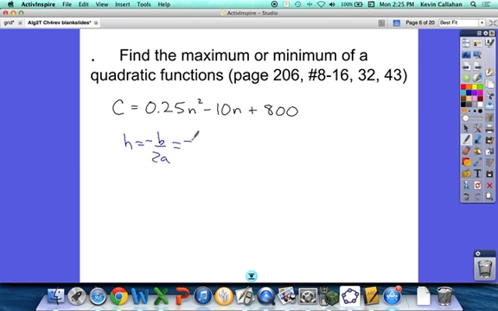So it's negative 10 over 2 times 0.25, which is 10 over 0.5, which is 20. So they should make 20 to minimize the cost. And they didn't ask for the minimum cost, so don't calculate it.